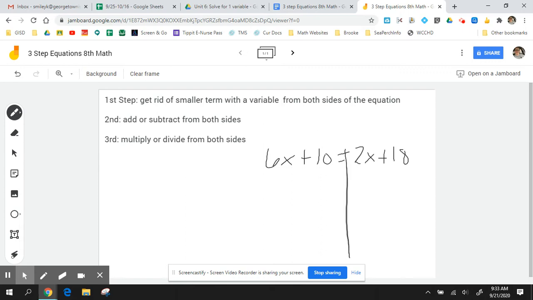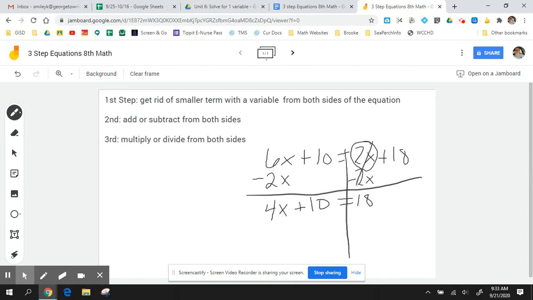The smaller term with a variable is my 2x. 2 is definitely smaller than the 6x. So I'm going to move that one first, and I'm going to move it by doing the opposite. So I'm going to subtract to the other side. And I'm left with 4x plus 10 equals 18.